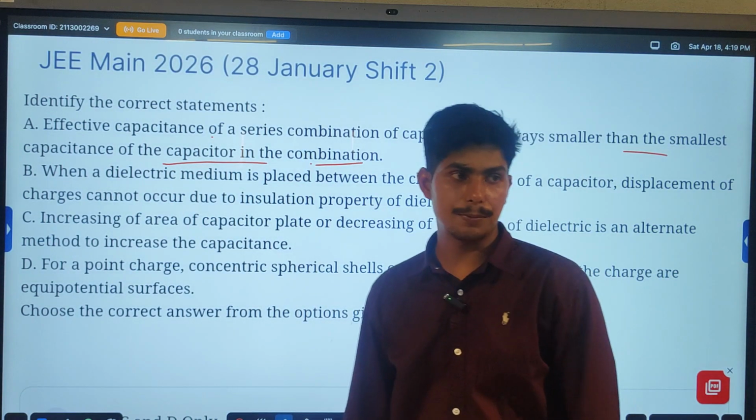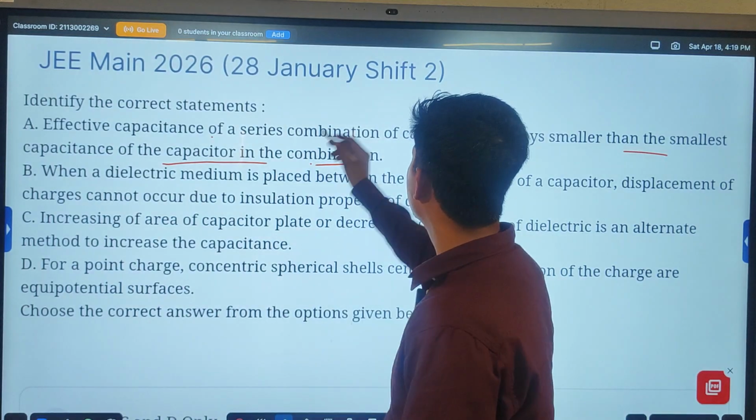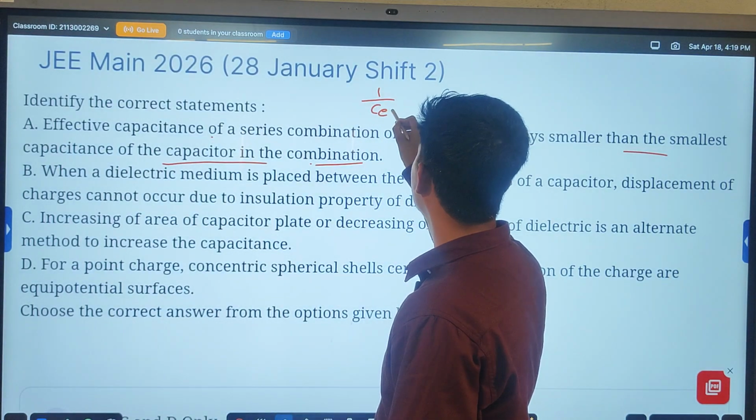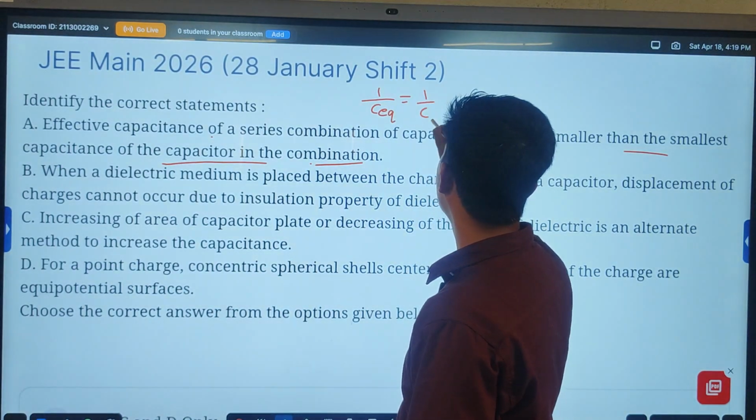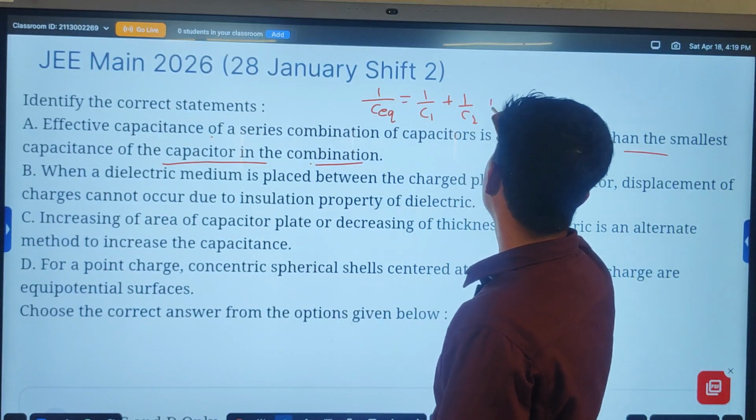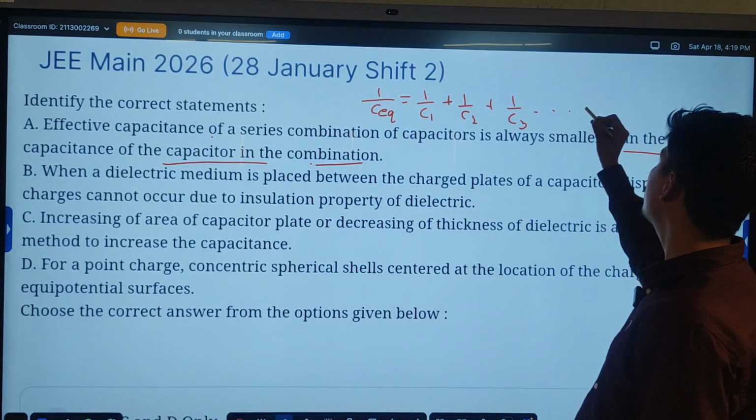This is the correct statement, right? In series combination we know that 1 upon C equivalent is equal to 1 upon C1 plus 1 upon C2 plus 1 upon C3, and so on.